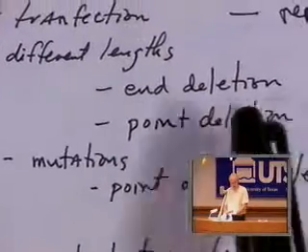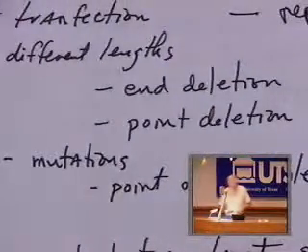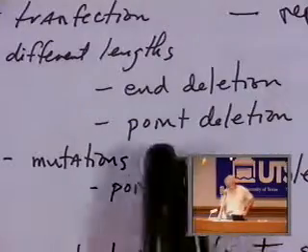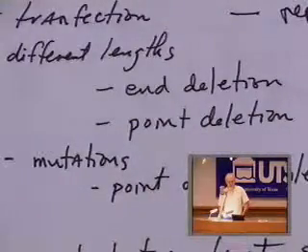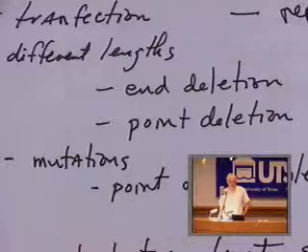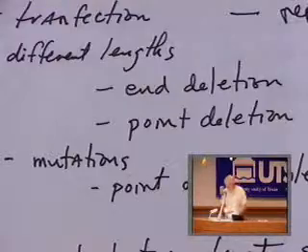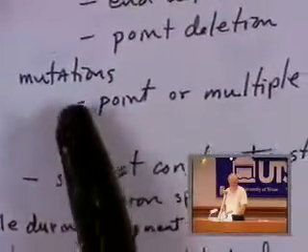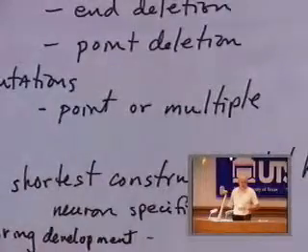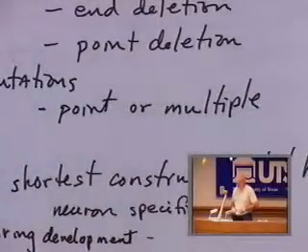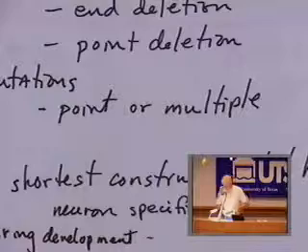So you truncate it from one end to the next, or you can use a point deletion, start taking chunks out somewhere in the middle, maybe just remove what you suspect is a consensus sequence altogether. Or obviously there can be mutations, point or multiple mutations. Obviously you'd want to be targeting your candidate consensus sequences.